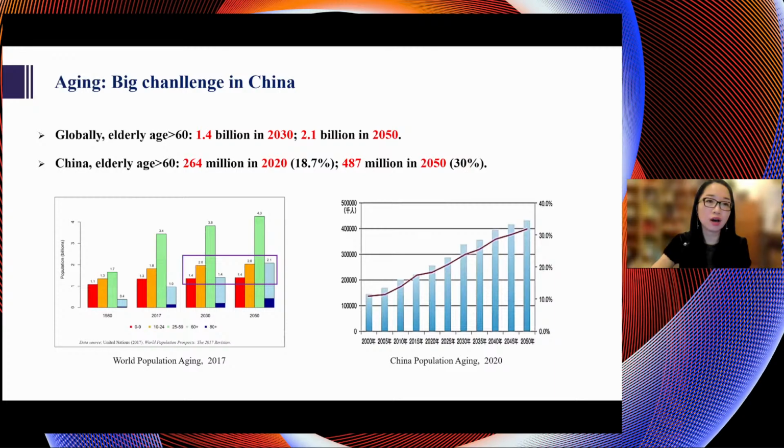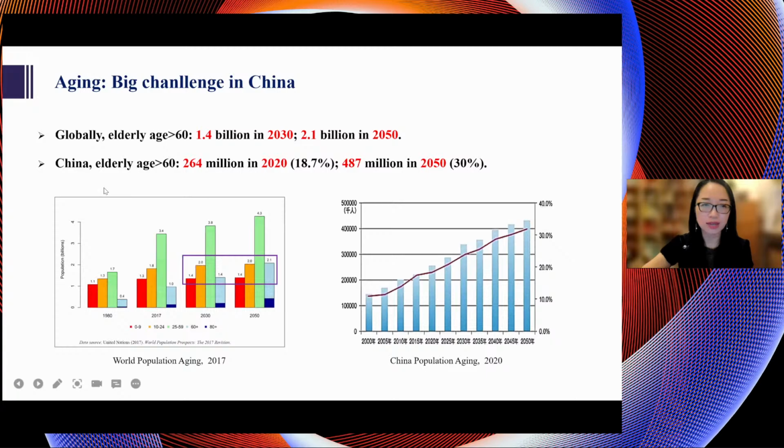Actually, the whole world is facing a big challenge of aging. In 2017, it was reported that globally the elderly people aged over 60 will reach 1.4 billion in 2030 and 2 billion in 2050.